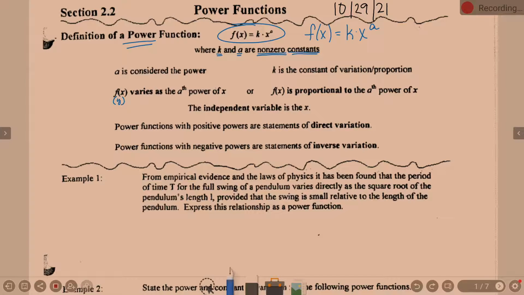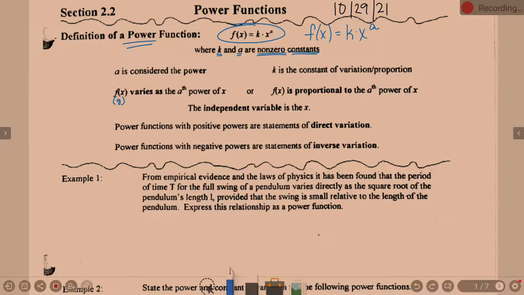Going back, remember direct variation, inverse variation, or the phrasing f of x is proportional to the a power of x. And so that has to do with that k there. As always, independent variable is x. Remember, x-axis, independent variable, right?